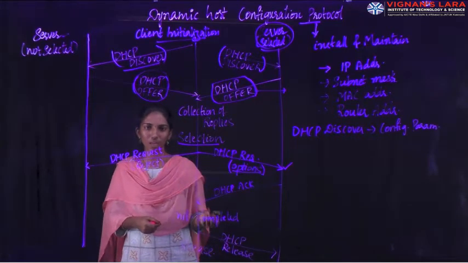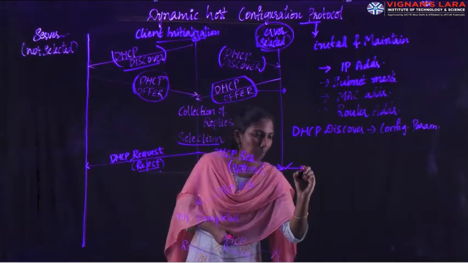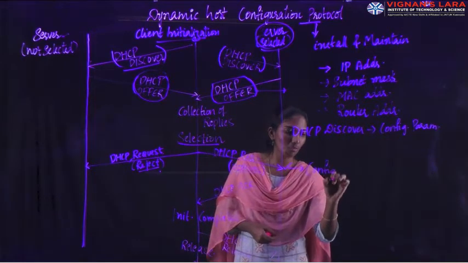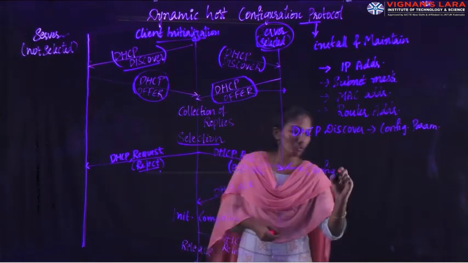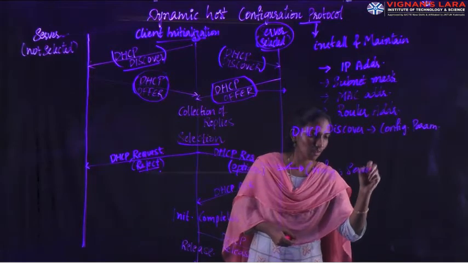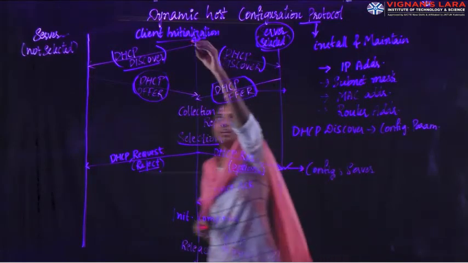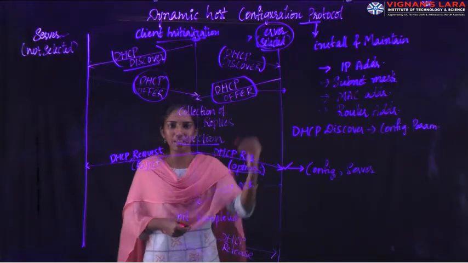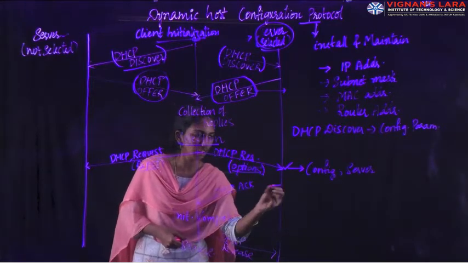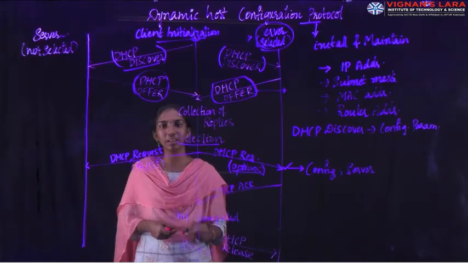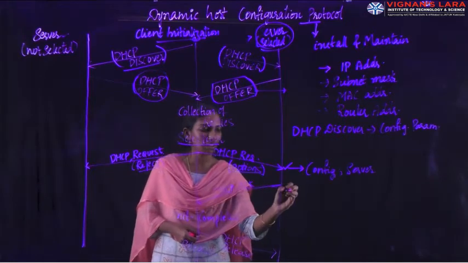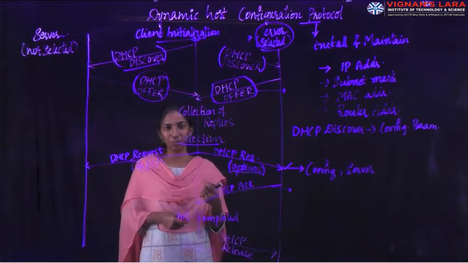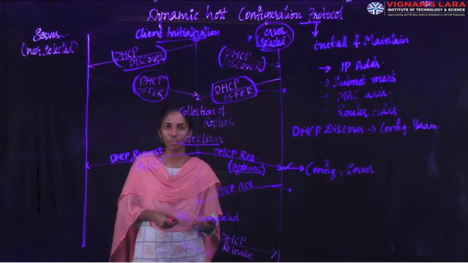Based on this, the configuration parameters sent by the computer match with the server, and this client will get added into this server. Whenever it gets added, the server sends a DHCP acknowledgement that the system has been successfully added into the network.